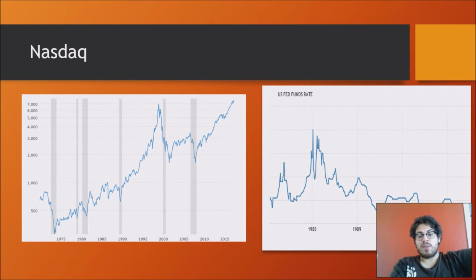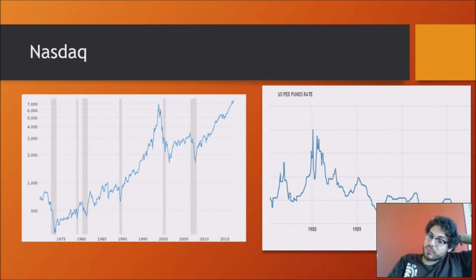Then after 2007, interest rates were set at the lowest level ever, 0.25 in 2008. Pretty much 0.25, 0.5 for the past 8 years, and then in the past 2 years they've increased a little bit. Now it's 1.75, 2%. Nasdaq has been going up.